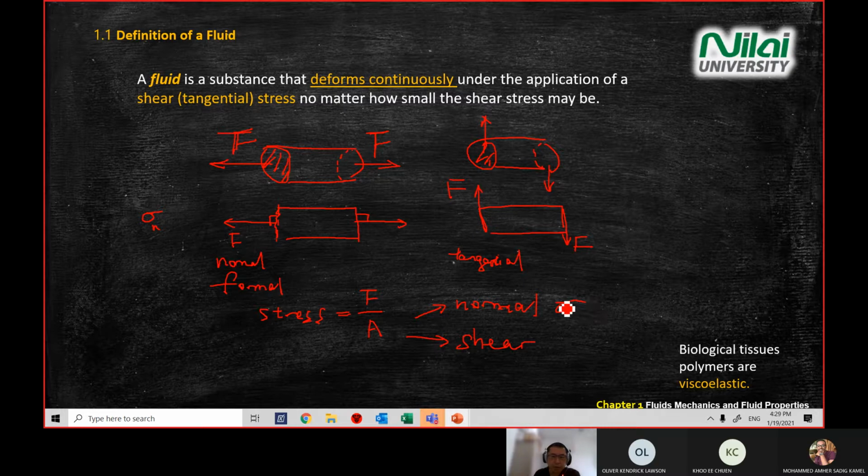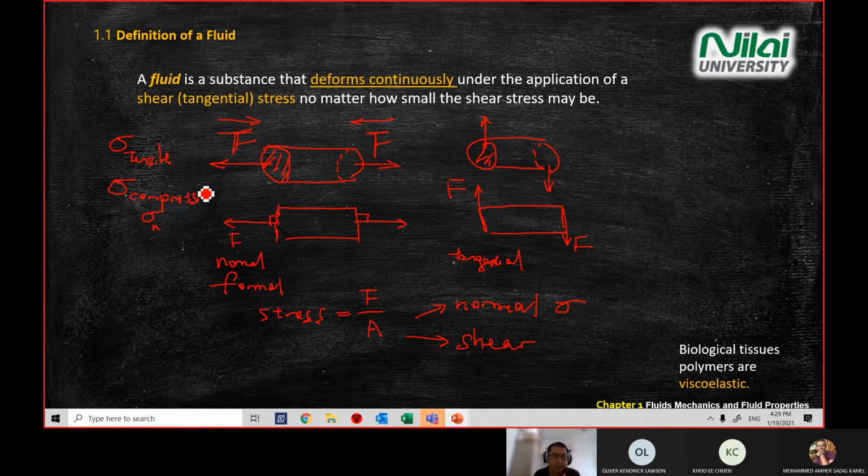The symbol is sigma. It will be normal stress here. And because the direction is pulling from both ends, you will have tensile stress. And if the force is compressing, going in from both sides, you will get compressive stress.